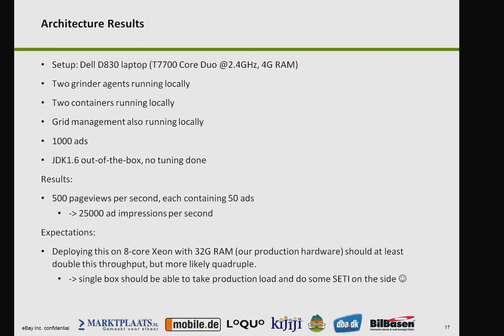Pretty soon after we had basic development complete, we did some formal testing. We had formal requirements to get to 10K impressions per second on our production cluster. See the results here, and actually on the laptop I'm currently presenting on, with everything running locally, we went to 25K impressions per second, which is already a quarter of this 5 to 10 times future increase.